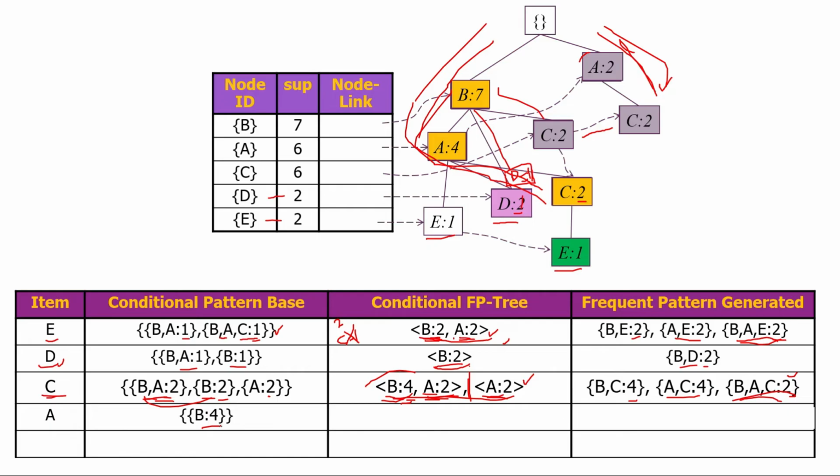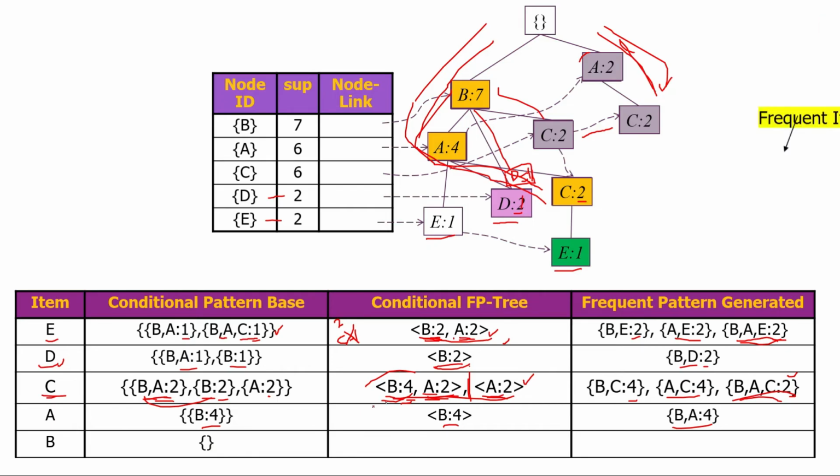So when we get the conditional frequent pattern tree, it occurs 4 times, and when we join this with the source item, we get BA with 4. Again for the last item, which is B, which is the first item from the root node, here we have no conditional frequent pattern base or no path, so that's why it's empty.